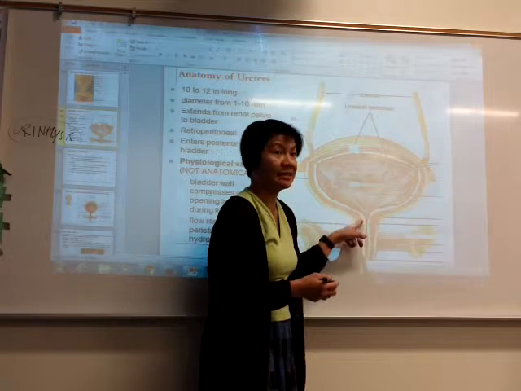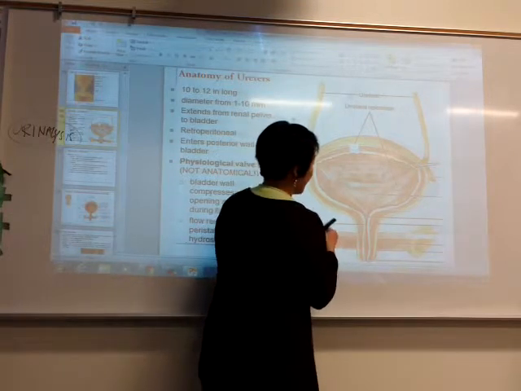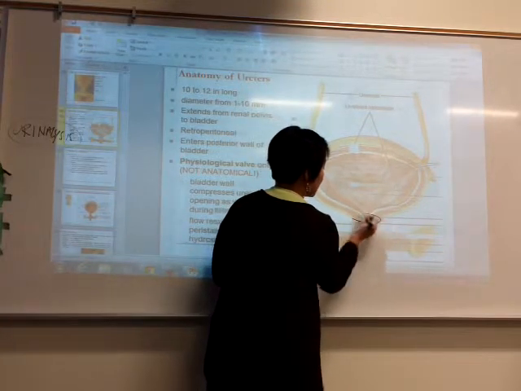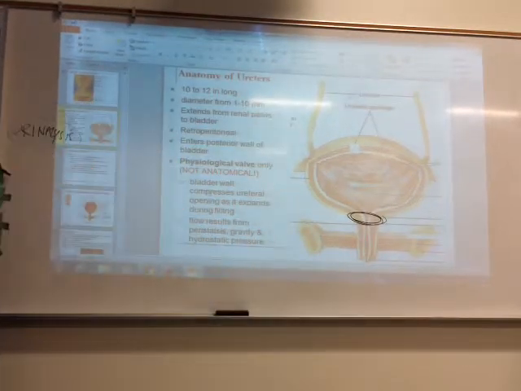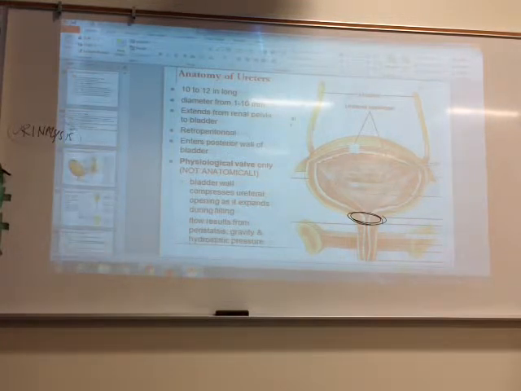Right here you see, it's the area of the urinary bladder, the smooth muscle that has increased muscle tone. So the internal urethral sphincter is smooth muscle, and the external urethral sphincter, which is here, is skeletal muscle.